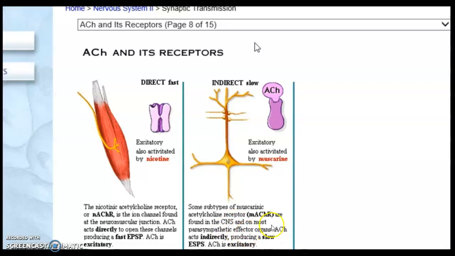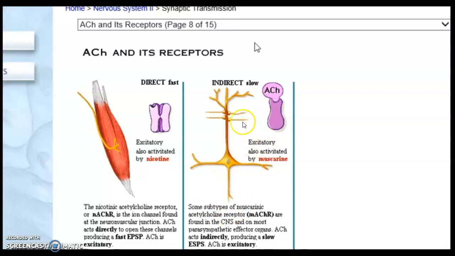Okay, so those effector organs, the ones that receive the neurotransmitter, are going to have these indirect slow receptors on them. What they do is receive the neurotransmitter, then send a sequence of events that opens or closes ion channels. But in this case, they are excitatory, because especially here in the nervous system, we can raise the voltage at the axon hillock to threshold and cause an action potential.